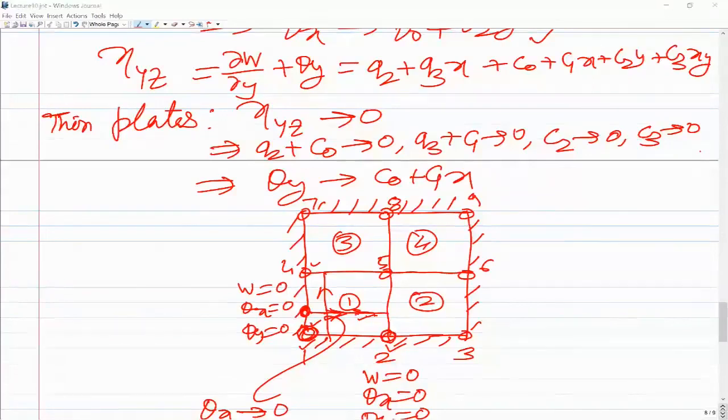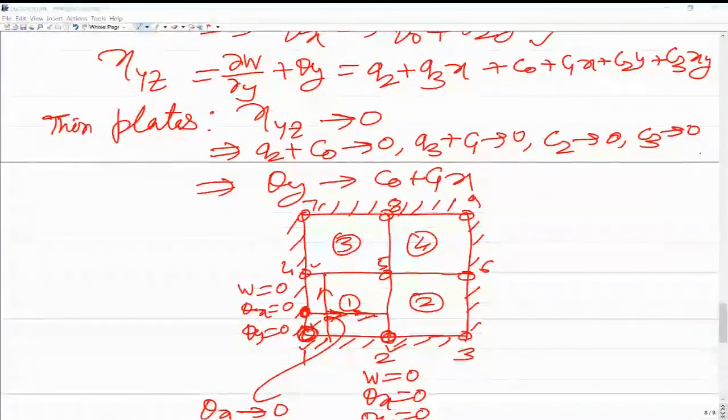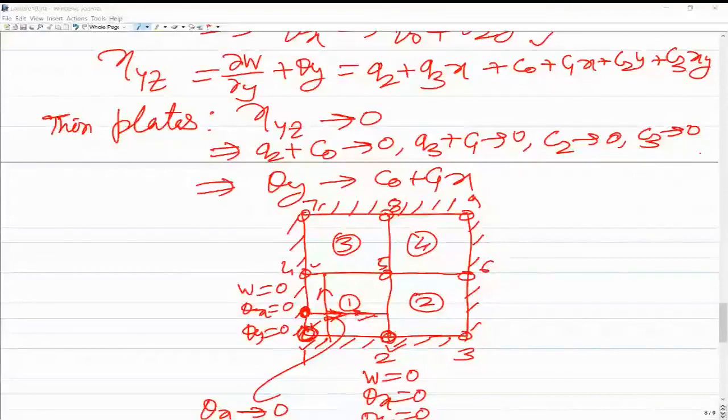Sir, I have a question. From this logic, we can say that for a thin plate, classical plate theory is more suitable than Mindlin's plate theory. Yeah, that is right. But the problem is, when we have a complex structure, a complex combination of plates, you cannot easily identify whether it is a thin plate or a thick plate, because it depends on the distance between discontinuity to discontinuity, and the thickness over there.